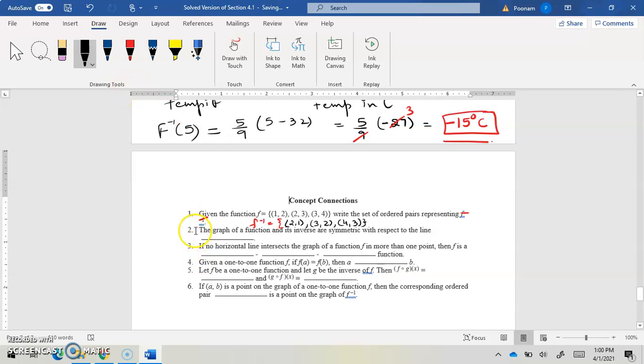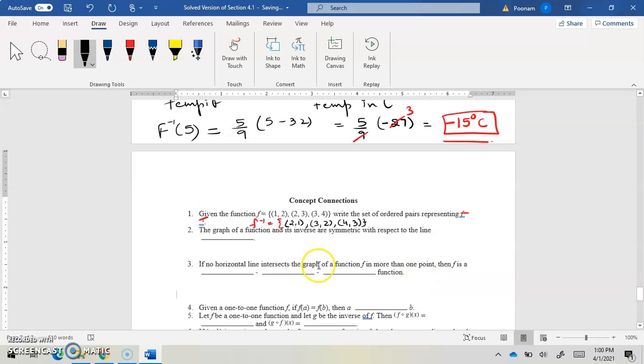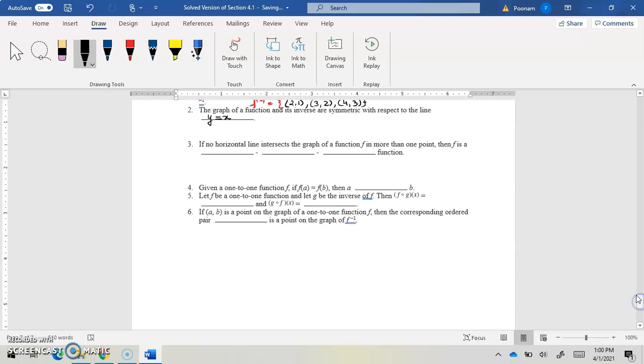If a pair is in f inverse, then its reverse would be in f. The graph of a function and its inverse are symmetric with respect to the line y is equal to x, because remember, they are reflections of each other in the line y is equal to x.